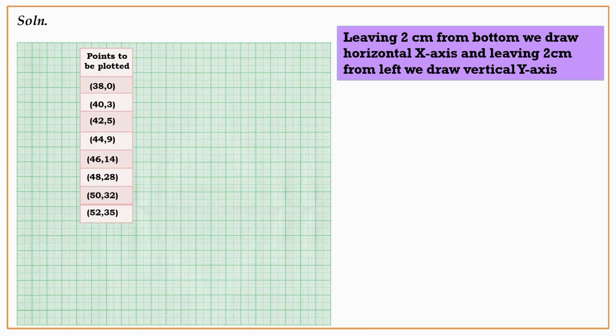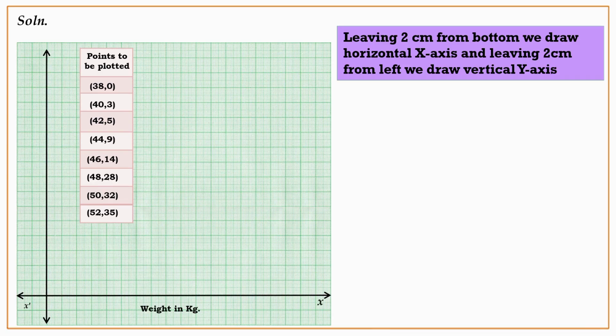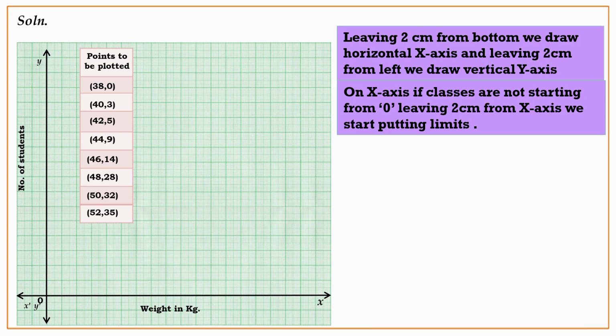So leaving 2 centimeter from bottom, we draw the horizontal x-axis, and leaving 2 centimeter from left, we draw the vertical y-axis. In the x-axis, we plot weight in kg, and in the y-axis, we plot the number of students. On the x-axis, if classes are not starting from 0, leaving 2 centimeter from the y-axis, we start putting the limits.